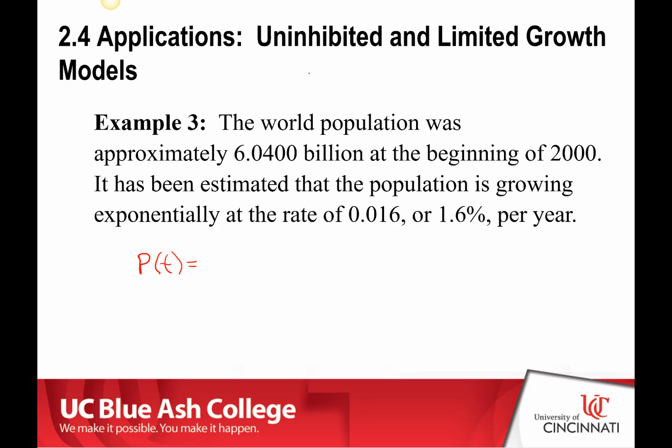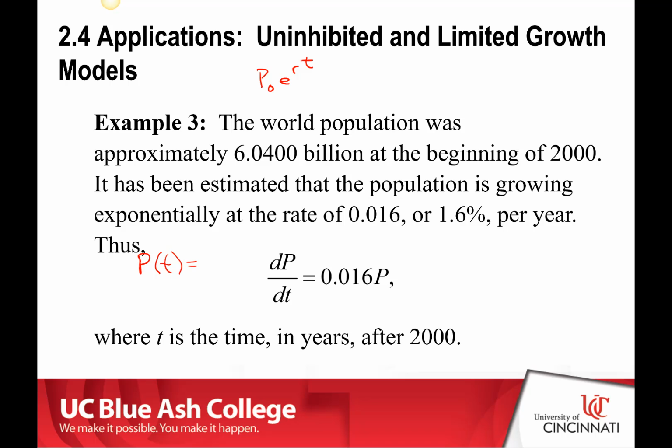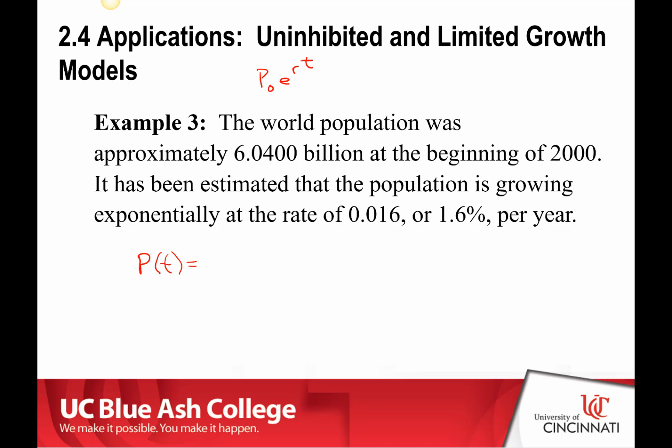It's an exponential growth. So we're going to use that pattern of P0 e to the r times t. What's P0? 6.04. It's going to be e, what's the rate? Right, 0.016. And then it's going to be multiplied by t.